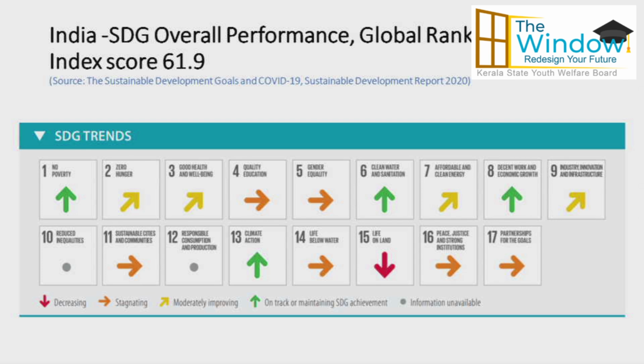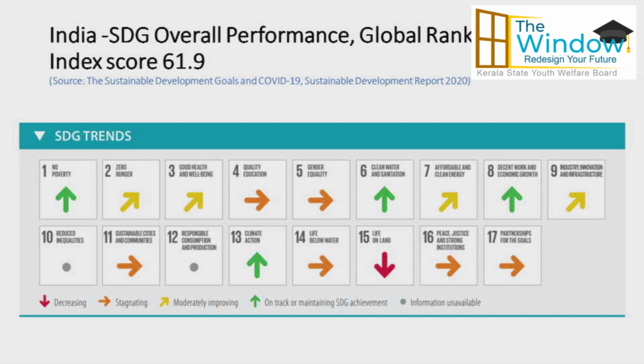So what are the plus points and what are the negative points related to the Sustainable Development Goals in the context of India? The trend shows like that. The green color, the upward arrow, shows the goals are on track or maintaining achievement. The red color, the downward arrow, shows the decreasing trend.